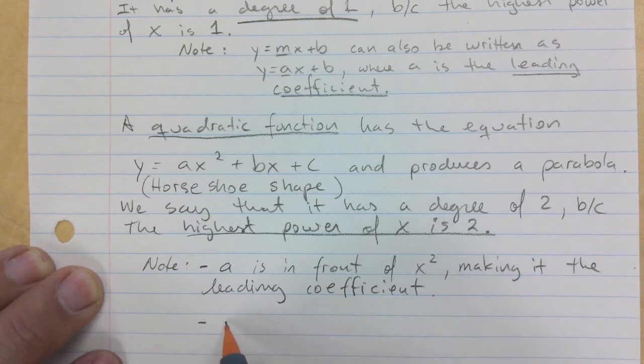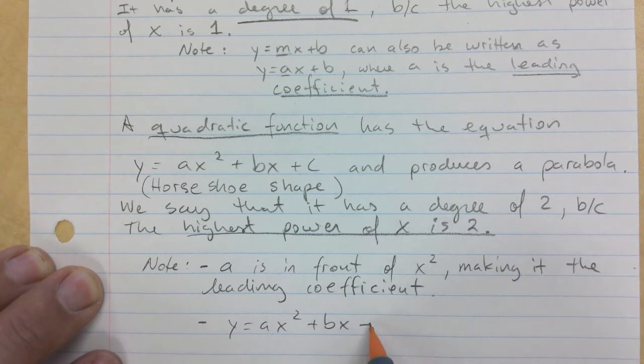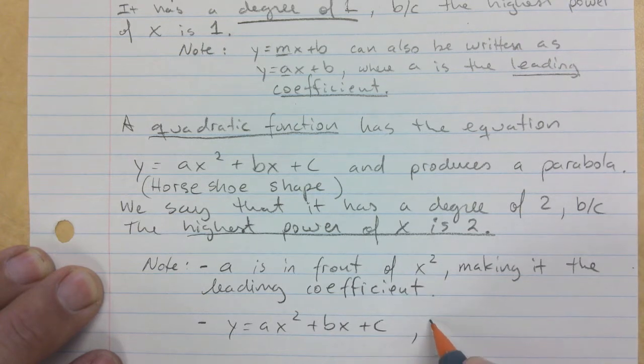Also, y is equal to ax squared plus bx plus c, right? B and c can be 0.